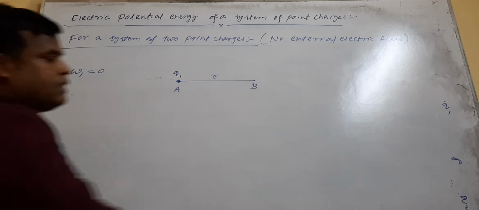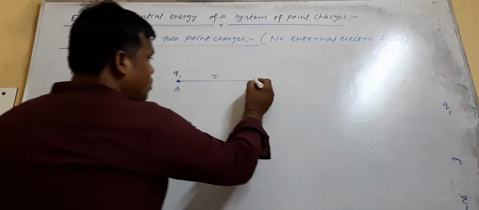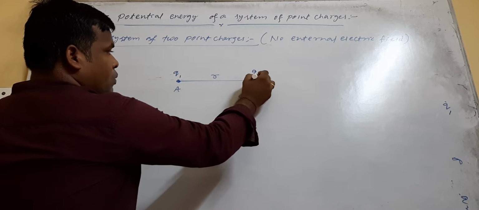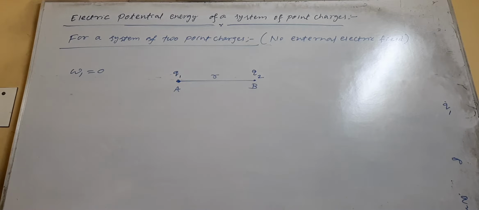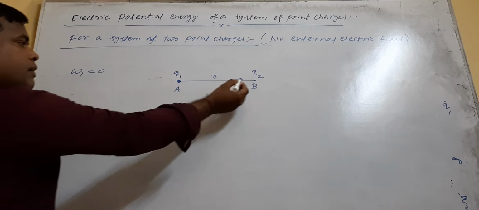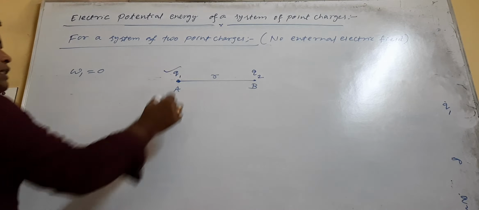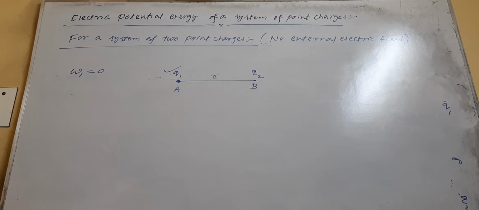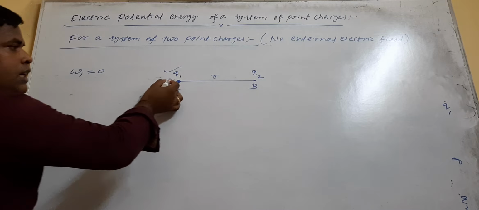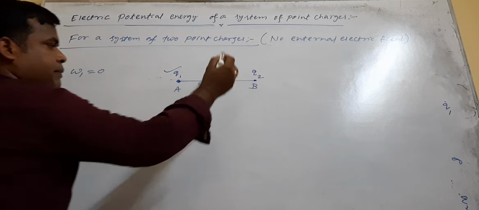Now you bring the charge Q2 to its place B. What is the amount of work done? There is no external electric field, but an electric field is set up at B due to this charge. That means due to this charge, you will get electric potential at B.